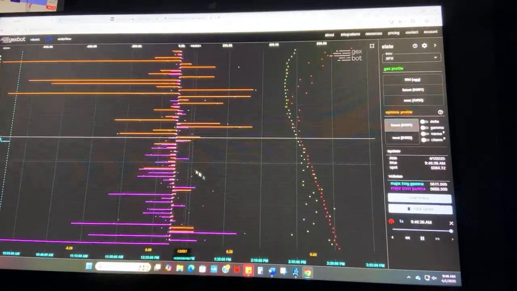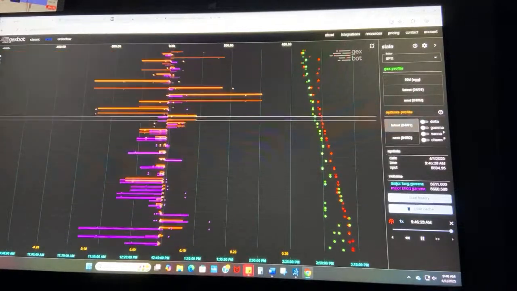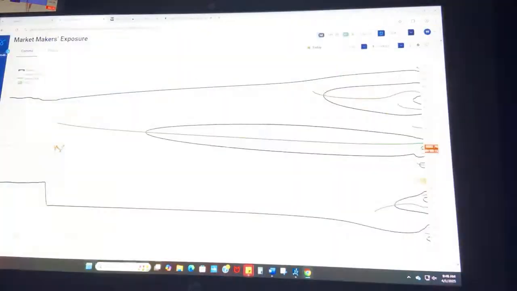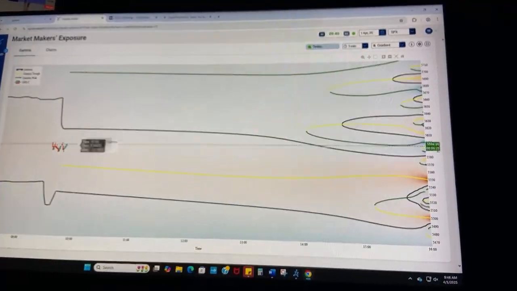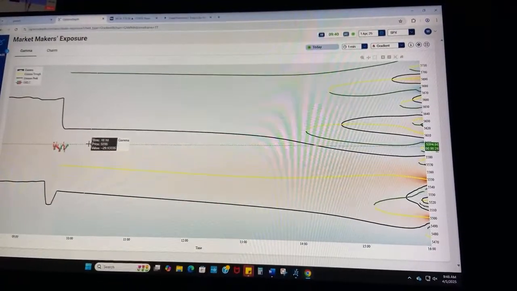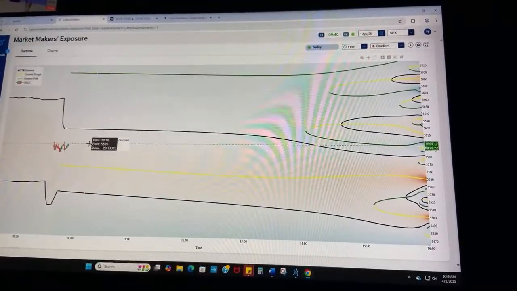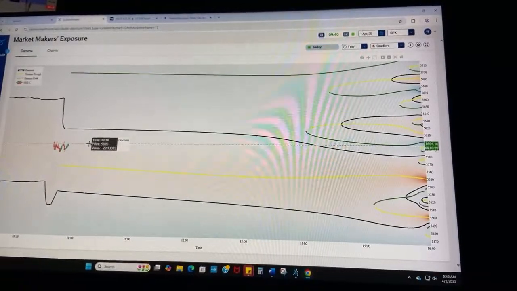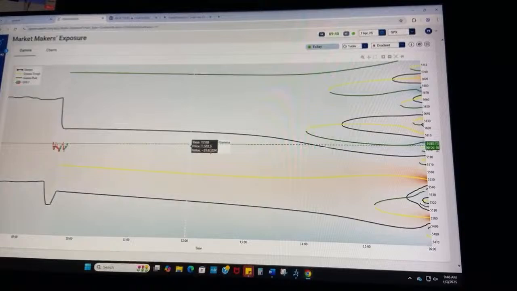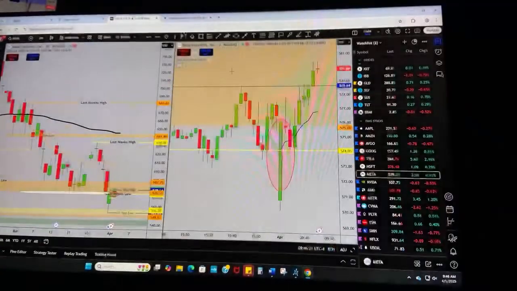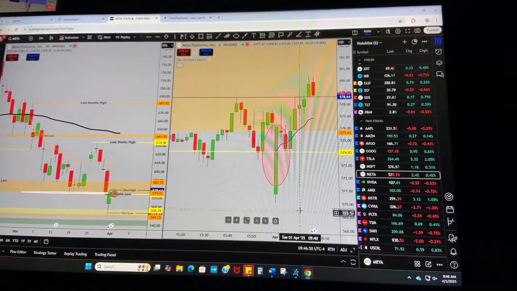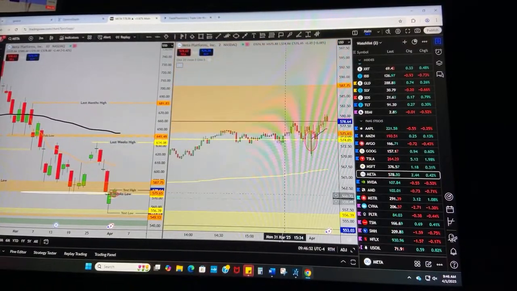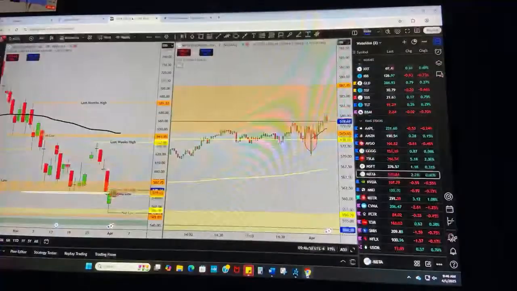GEX is changing a little bit. There's some sold calls here. So I just gotta be patient. Meta squeeze above 600, somebody had asked.